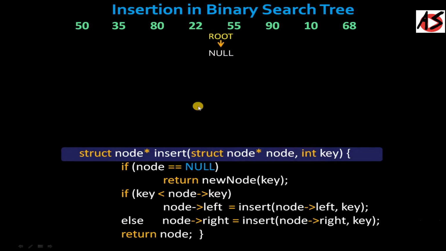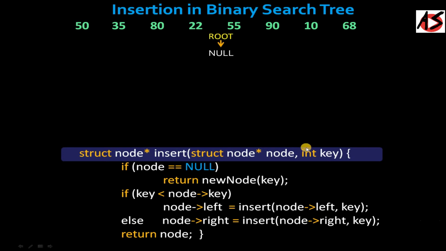So here we have keys 50, 35, 80, 22, 55, 90, 10 and 68 in any random order, and initially the root contains null. So we have a function here, struct node insert, and in that you are passing the root address, that is struct node, and the key that you want to insert.